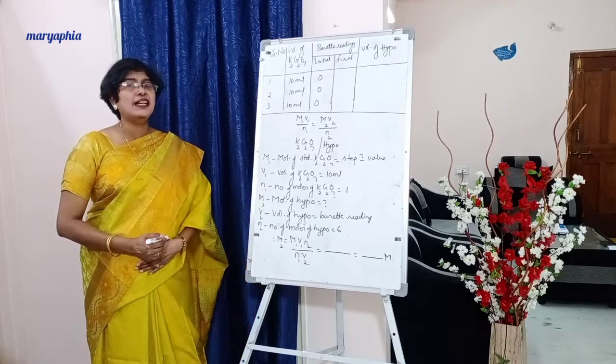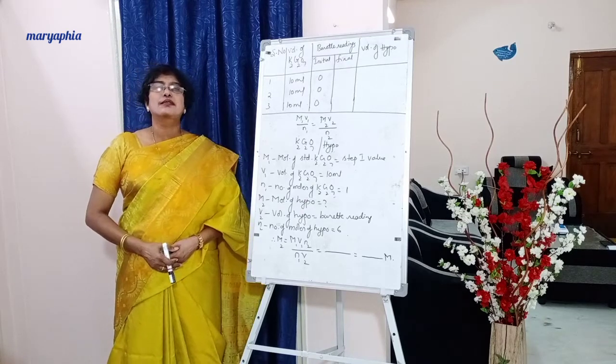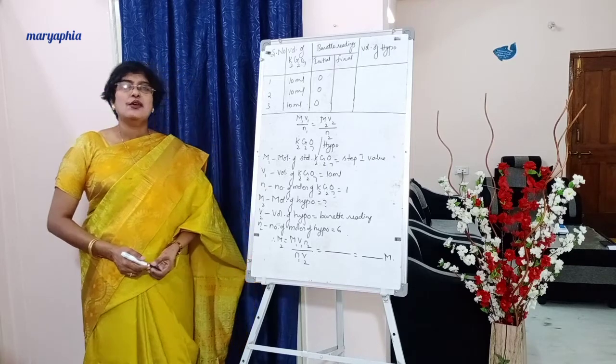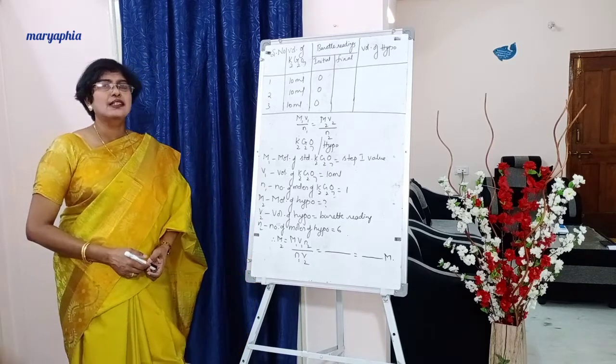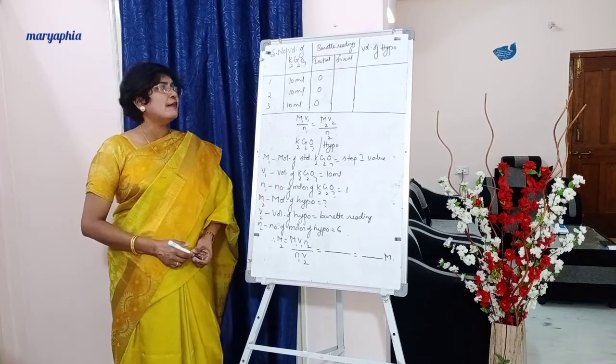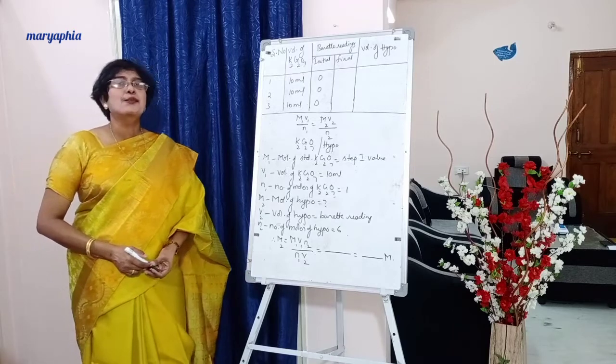Next, volume of hypo. Under serial number 1, 2, 3, volume of K2Cr2O7, we have taken 10 ml. So 10 ml, 10 ml, 10 ml. Initial reading 0, 0, 0. Final will be our burette readings.